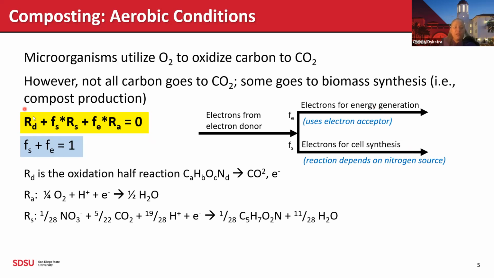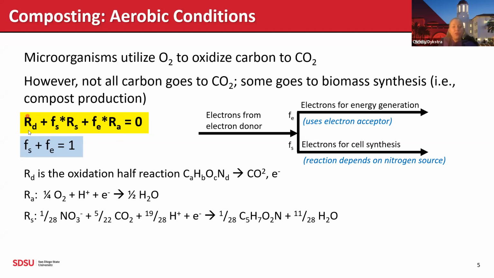We have the electron donor reaction, the cell synthesis reaction, and then the electron acceptor reaction. Each of these are half reactions, by the way, and the cell synthesis half reaction is multiplied by your Fs, and the electron acceptor half reaction is multiplied by Fe.